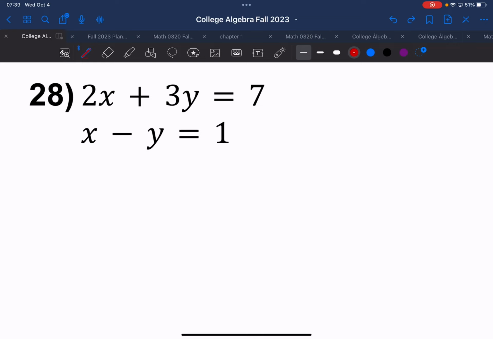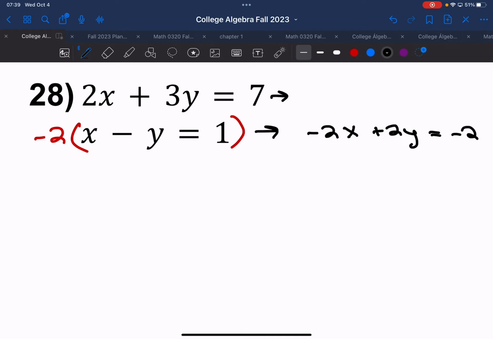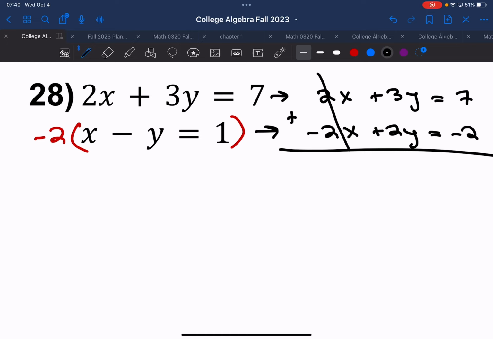Multiply by 2 or negative 2? Negative 2, because we want them to cancel out. That means we would have negative 2x plus 2y equals negative 2. Then I rewrite my top equation on top of the other one, because I'm going to be adding them down. If I add them down, my x's cancel, and I'm left with 5y equals 5. So that means y is equal to 1.